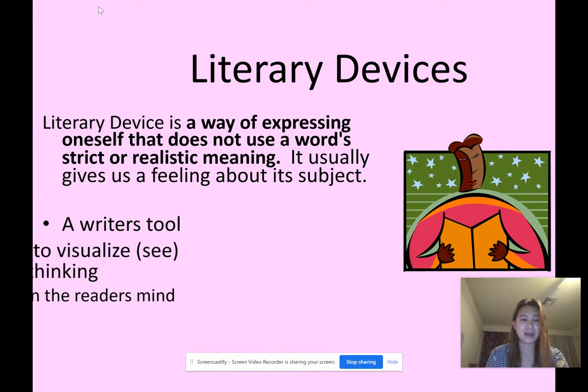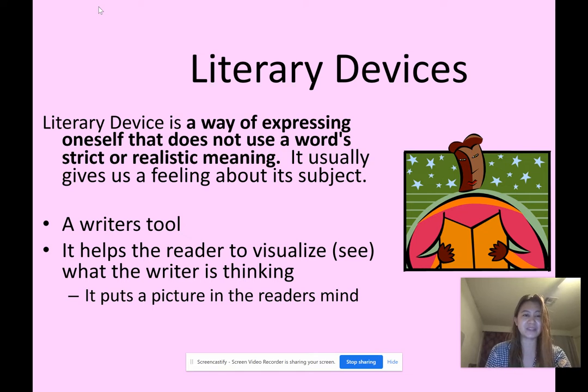A literary device is a way of expressing oneself that does not use a word's strict or realistic meaning. So it's not straightforward. It's not the real meaning of the word. It usually gives us a feeling about its subject. It's more on the emotion side of the definition and not its dictionary definition.